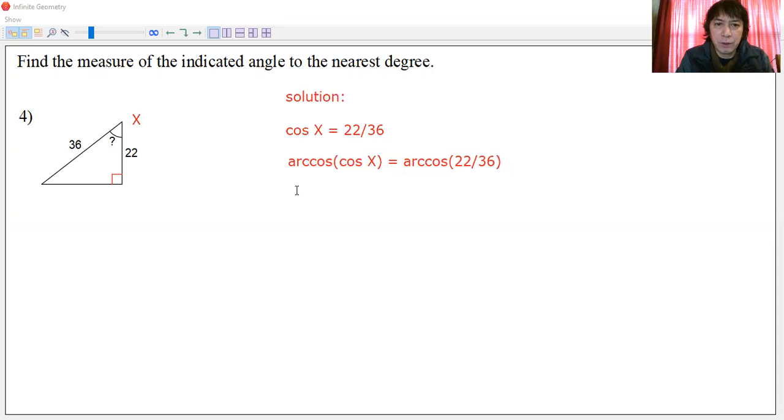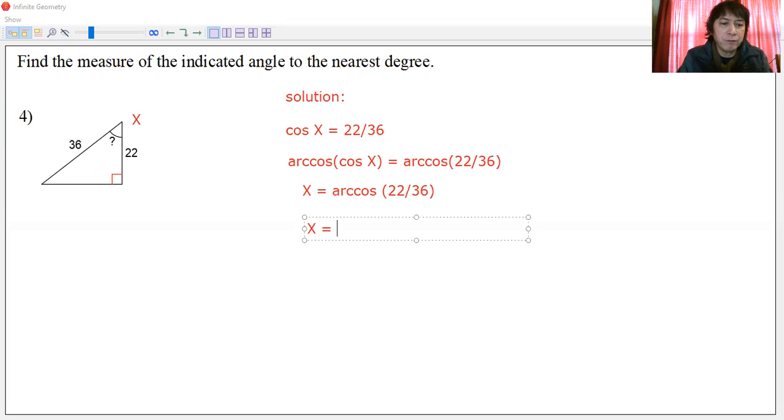And we have here X. This will be arc cosine of 22 over 36. So we will use inverse cosine to find the answer. So this will now be inverse cosine of 22 over 36.